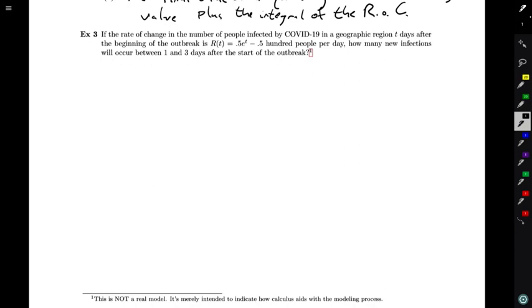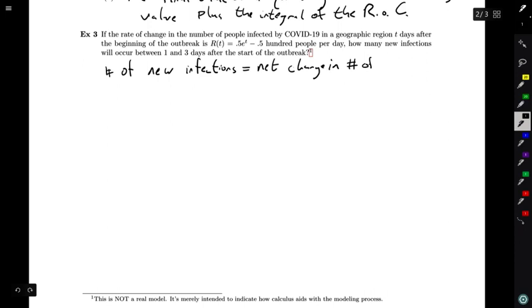So let's think about what we want to do here. We want to compute the number of new infections between 1 and 3 days. Well, the number of new infections between 1 and 3 days, that's exactly what it means to be the net change in the number of total infections.